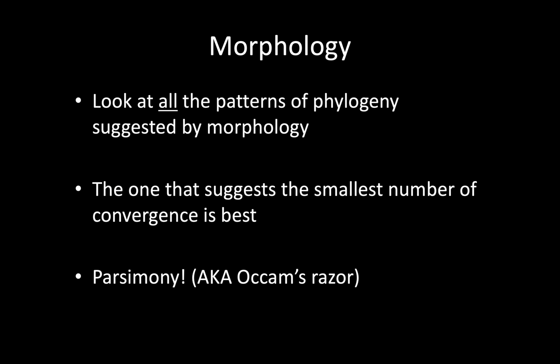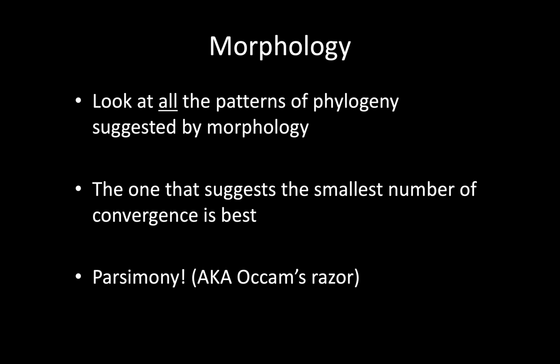And we fit it all into a giant database, and then a computer will do a very special algorithm, okay, and it will rearrange all of these different patterns to find the relationships between them. Now, there's a whole bunch of different ways that we can do that, but the way that we do it in paleontology is the one that suggests the smallest amount of convergence or homoplasy. And that is called parsimony. And if you remember, we talked about parsimony a couple weeks ago.